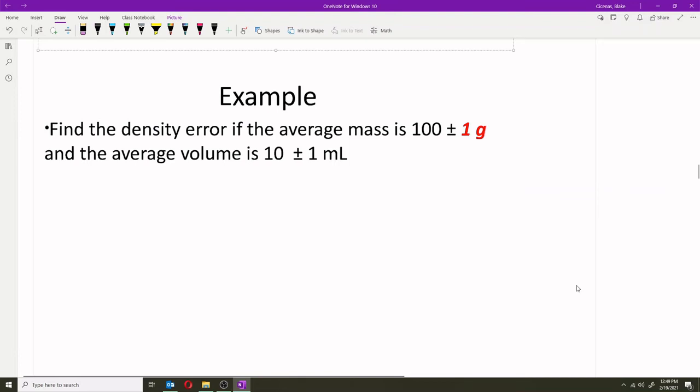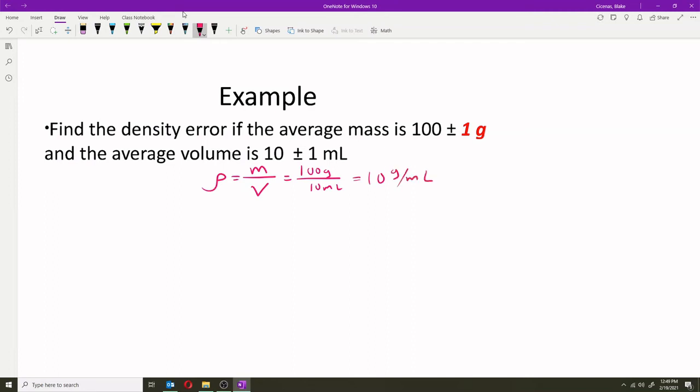It's simple: a mass of 100 grams and a volume of 10 milliliters. So my density is equal to mass divided by volume. And then that's 100 grams divided by 10 milliliters to give me 10 grams per milliliter.